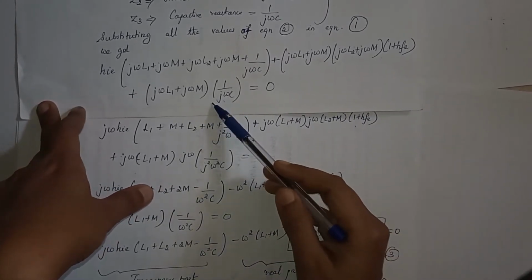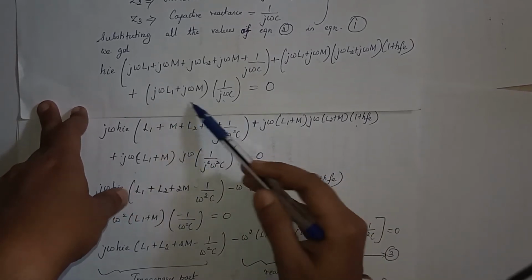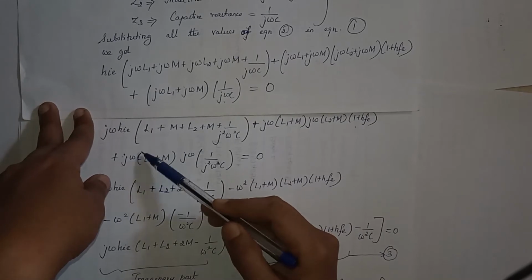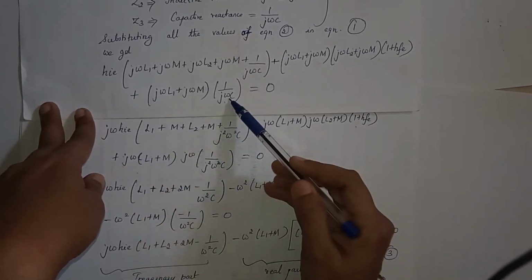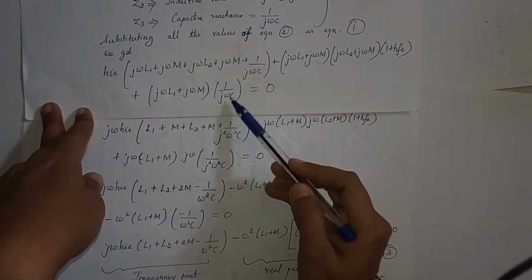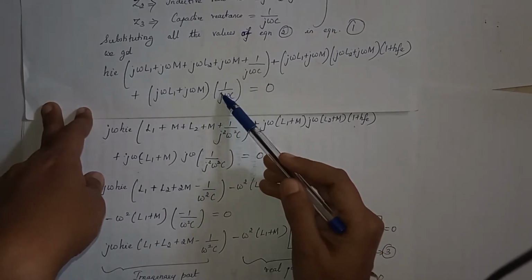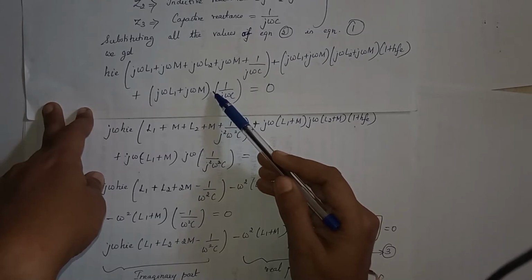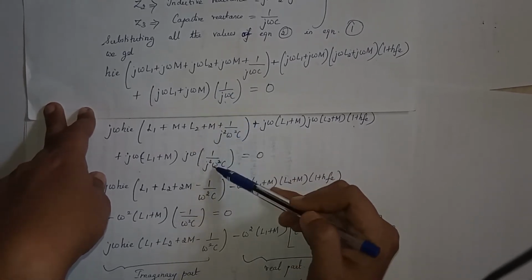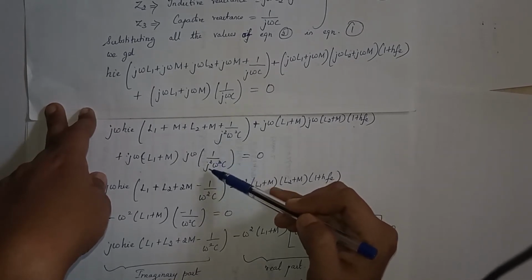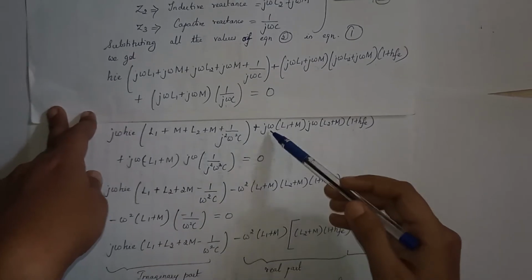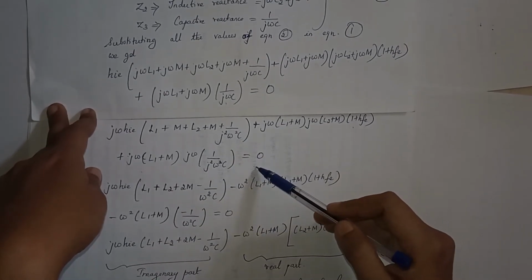In the third term, you can see that you've got j omega common over here, so I've taken out j omega, so it is j omega into L1 plus M. In this term, we've got j omega in the denominator, so we take j omega outside. If we take j omega outside as a numerator, I have to divide the denominator by j omega, so here I'll be getting 1 by j squared omega squared C. Now this entire equation becomes equal to 0.